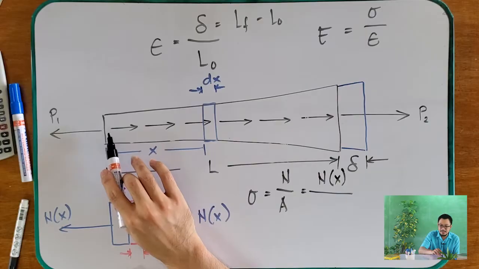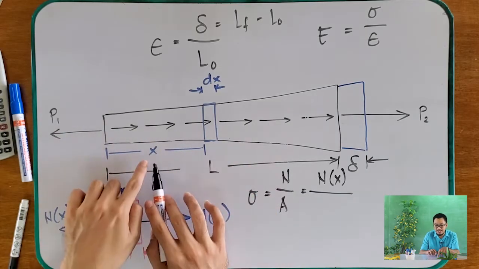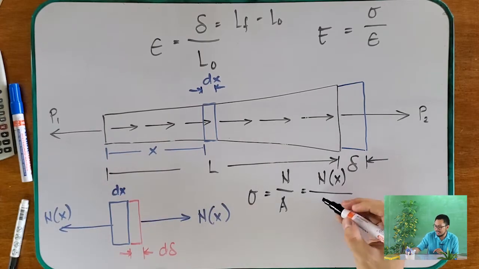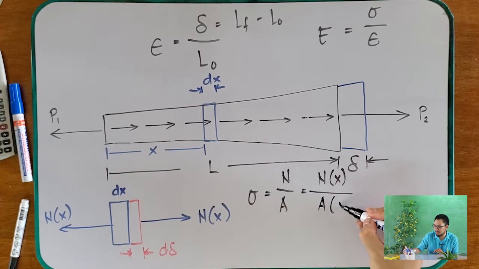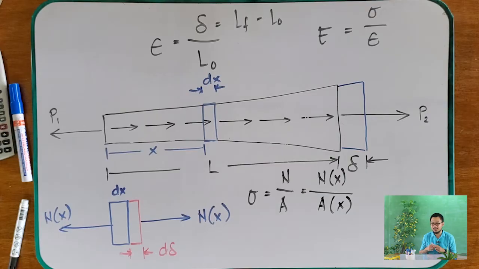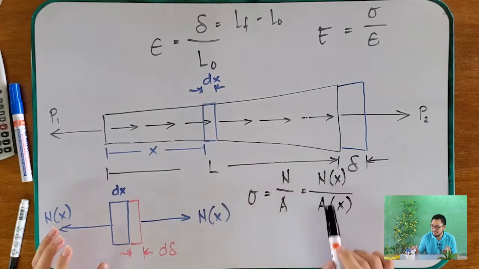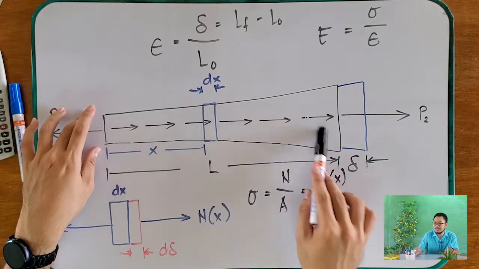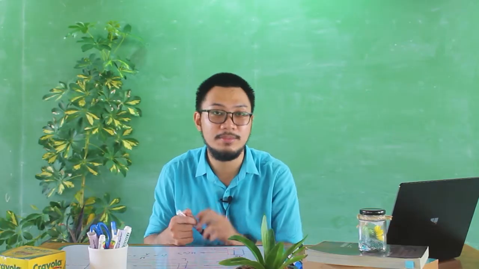Ang atong area, mo vary pud siya depende sa distance from this point. So, area also as a function of x. Okay? So, ang atong n ug ang atong a, depende siya, depende kung asa siya na-locate ani nga atong beam. Okay, so this is our stress, n(x) over A(x).